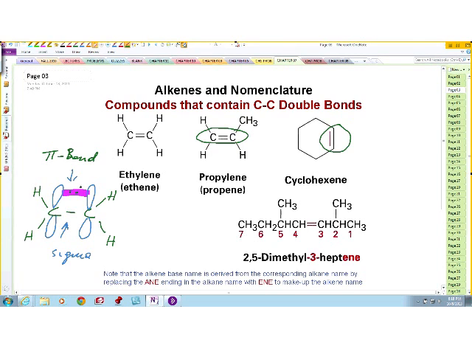As you can see, the pi bond is loosely held between the 2 carbon atoms, which is to say that in many of the reactions we are going to encounter with alkenes, those pi electrons will become very important. They will be very reactive. So the double bond in the alkene, one is a pi bond and one is a sigma bond.